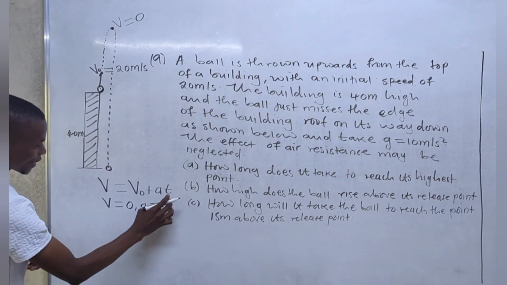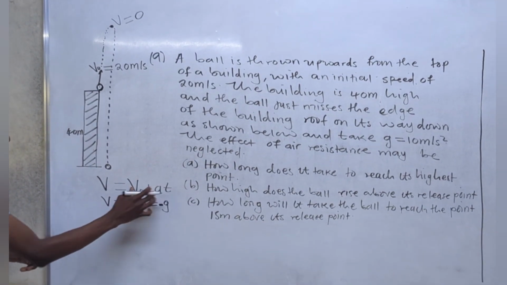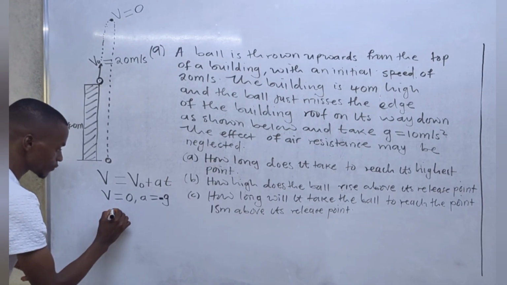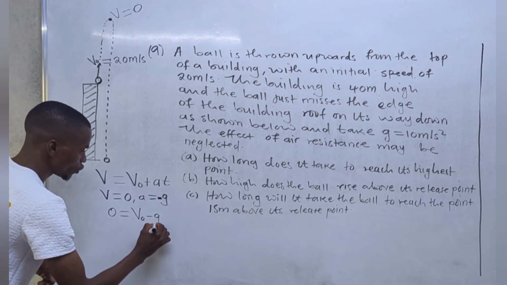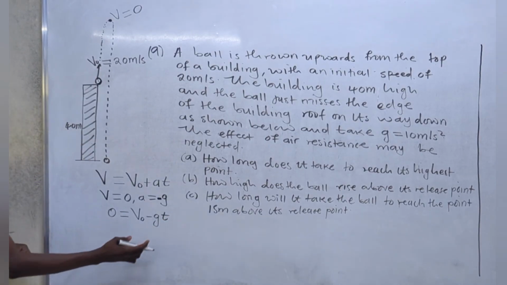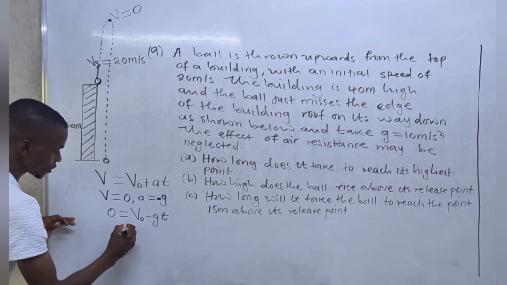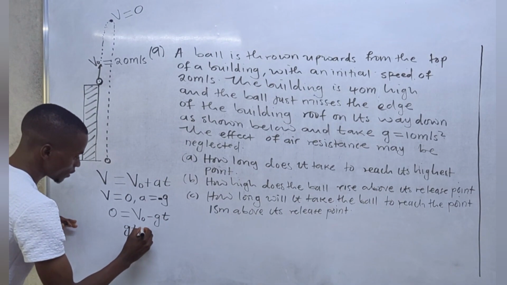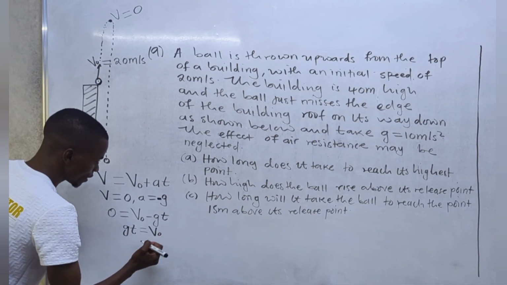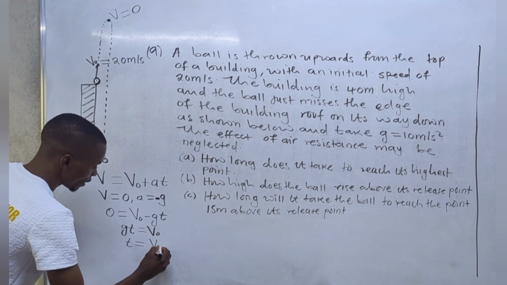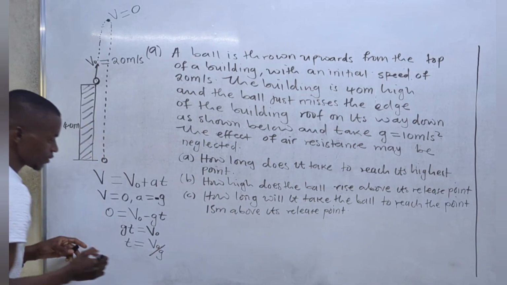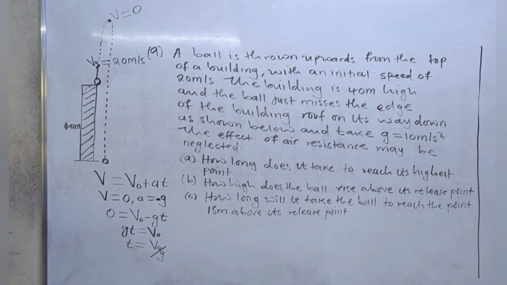When you plug this into the formula, you notice that we are going to have 0 equal to the initial velocity minus g multiplied by t. Take this to the other side, it will give you g t equal to the initial velocity. Then time itself has to be calculated using the initial velocity over the gravitational acceleration.